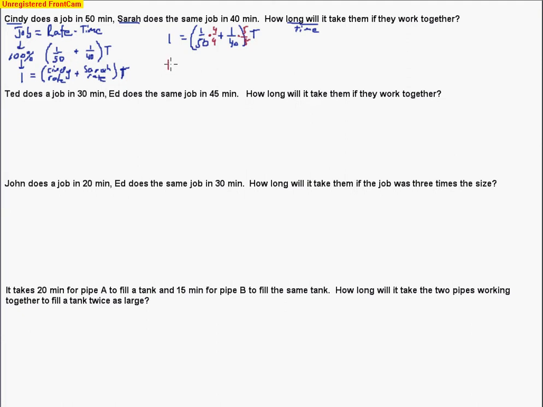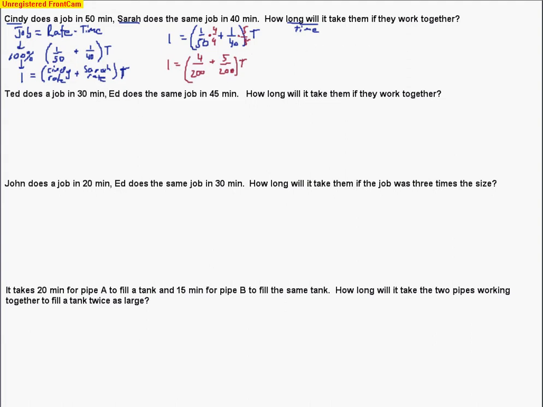And so what I've got now is 1 equals 4/50ths plus 5, actually not 50ths anymore, that's 200ths, so let's fix that real quick. So 4 over 200, because I have to multiply both the top and the bottom by 4, plus 5 over 200, times time equals 1.